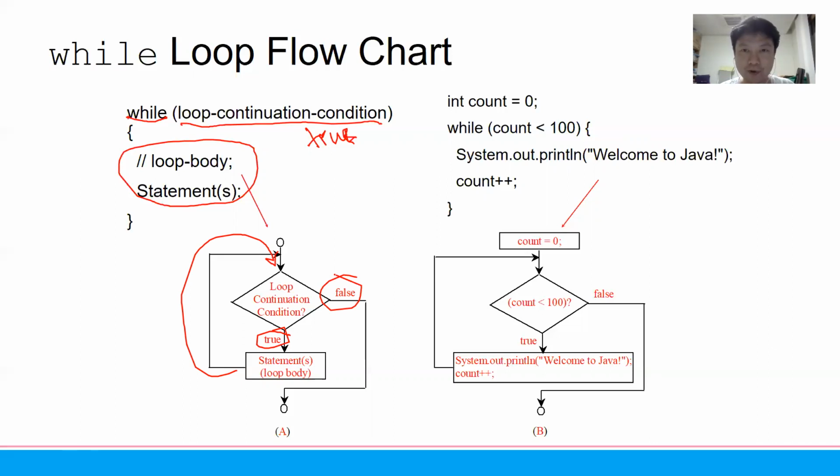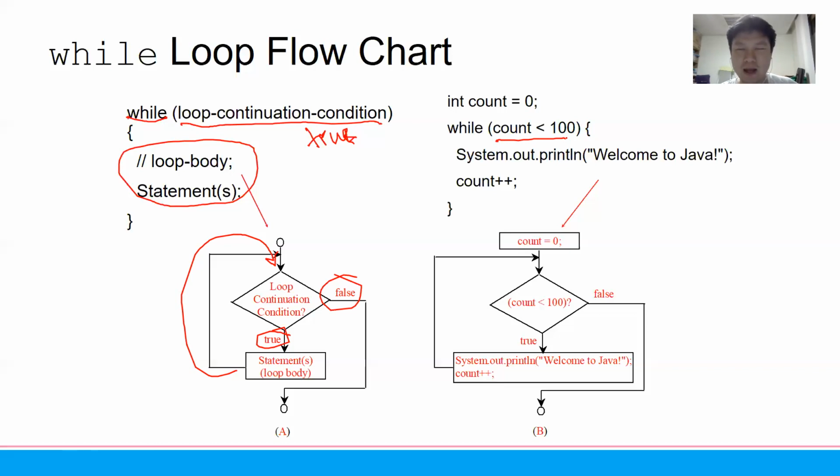For example, you can see in the right part, you have int count = 0. You define one variable, count equals 0, and while count is less than 100. We know that count is now 0, so 0 is less than 100.